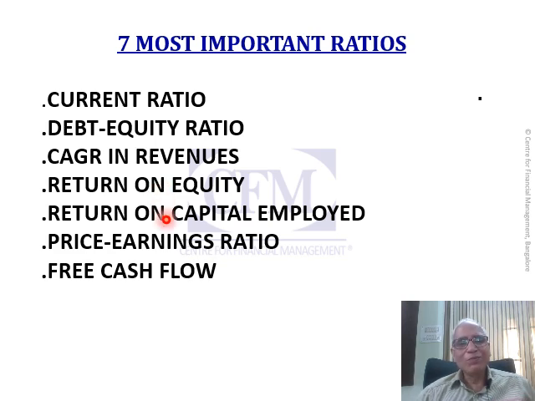Return on capital employed defined as net operating profit after tax divided by capital employed. Price earnings ratio defined as market price per share divided by earnings per share. Free cash flow reflects the cash flow available for distribution to investors after meeting the growth requirements of the firm.